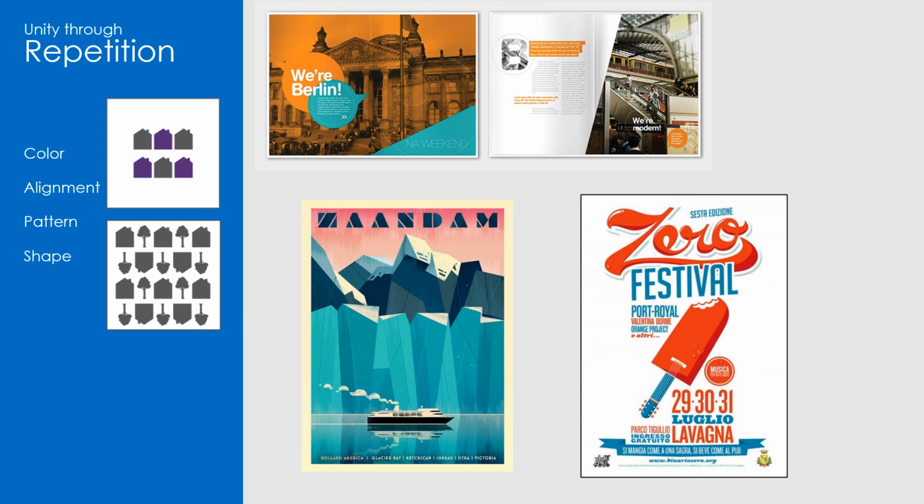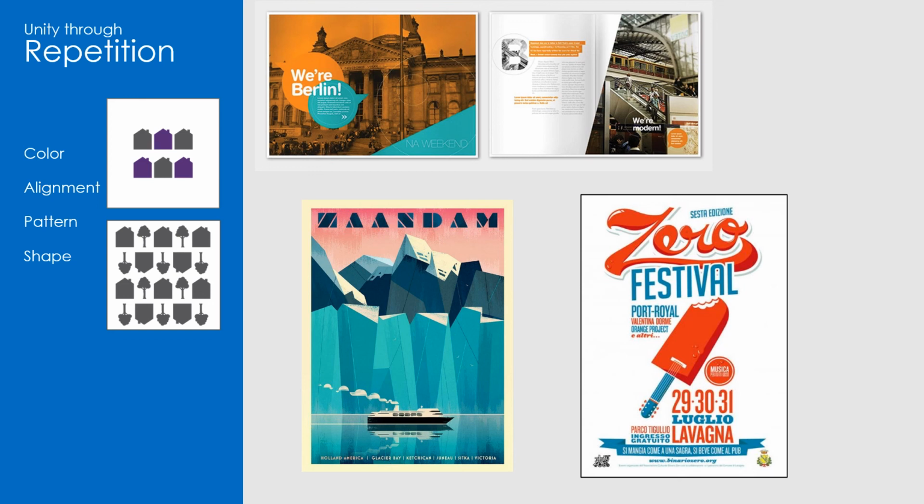All right, but like I said, you can also look at principles of unity within a single design. I've got two posters here. Let's look at the one on the left first with the cruise ship. What are some of the repeating elements that are helping create a sense of unity?